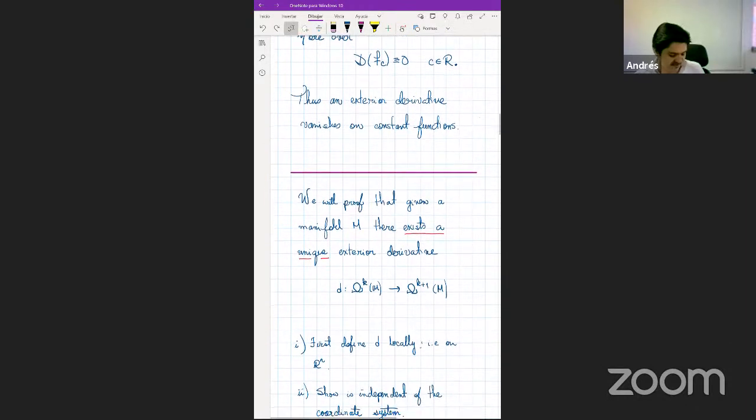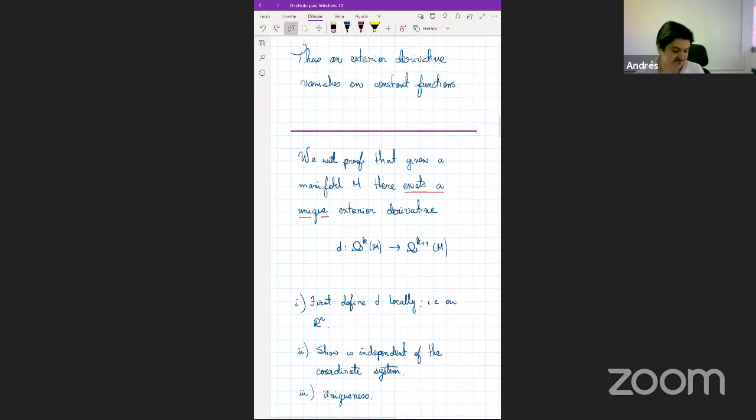So the way to prove this is, we will see what d is locally, that is in R^n. This is nothing new, it's the same thing that we saw last time in class. So that works very well on R^n. But now, if we use that on a manifold, we have coordinates, so we can use the exterior derivative.